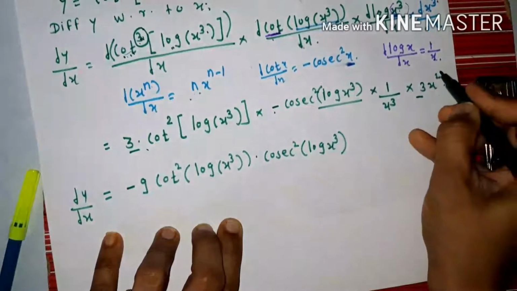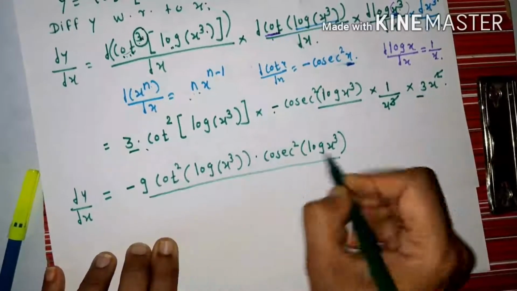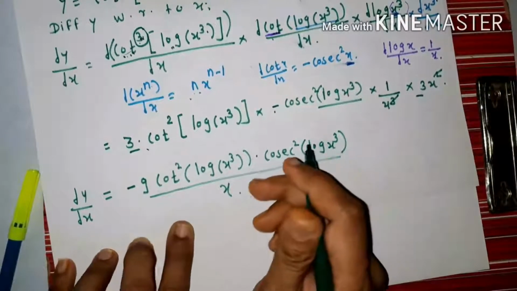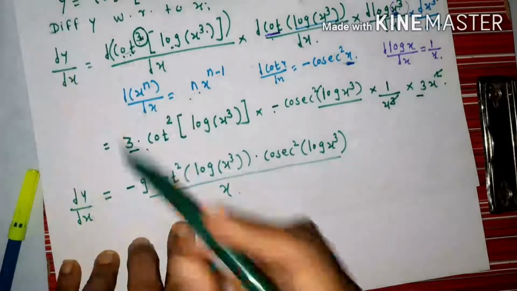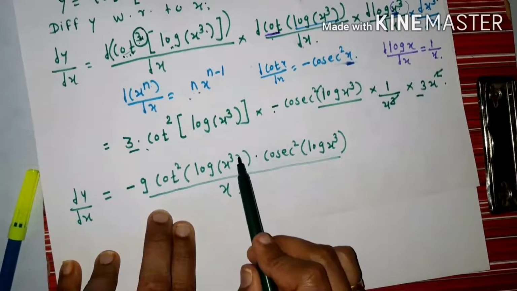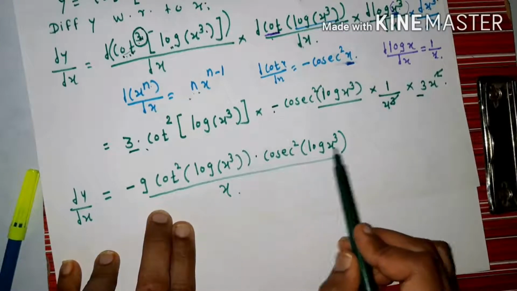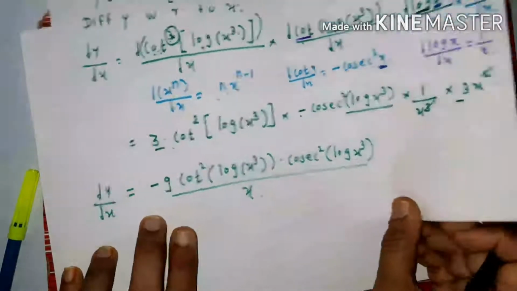Here this x square gets cancelled with the x upon. This is the dy by dx, that is differentiation of the given function: minus 9 cot square log of x raised to 3 cosec square log of x raised to 3. This is the differentiation.